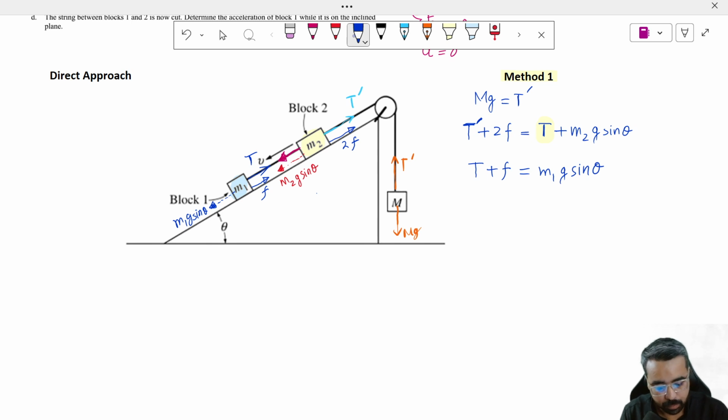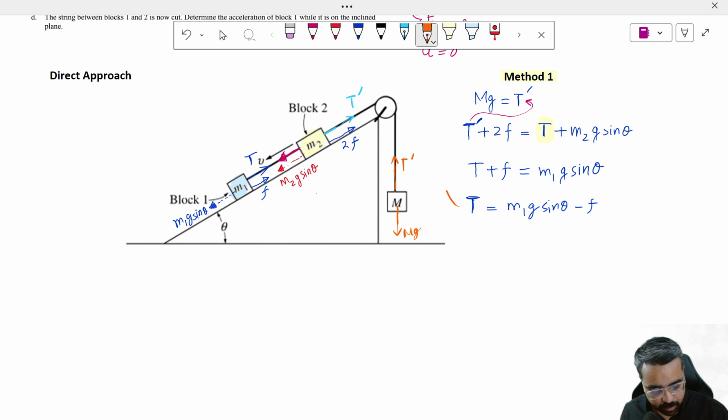Okay, now what we will do, students, is plug the value of tension T here, and then plug the value of T prime here, and then you will find the larger mass. So this is our method 1, and then I will tell you the direct approach method. The tension T in the second string is this one.